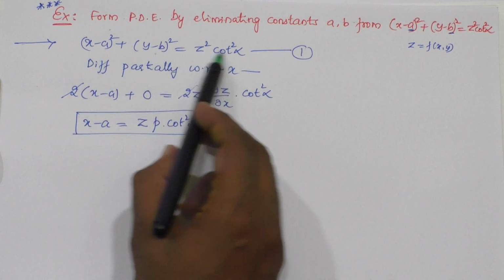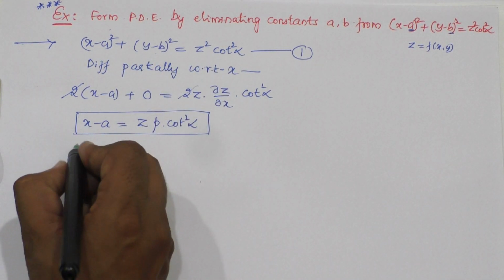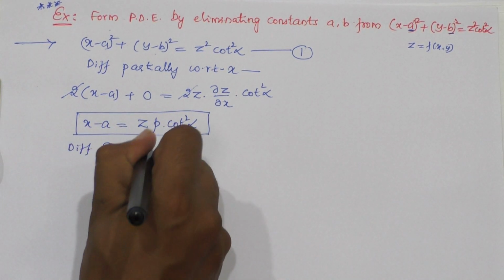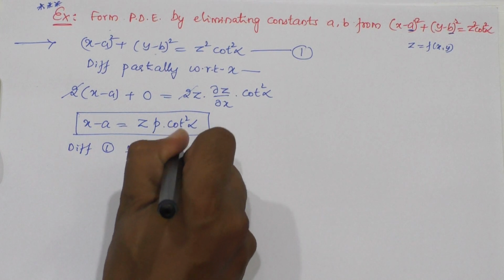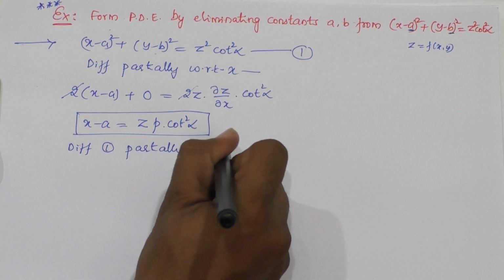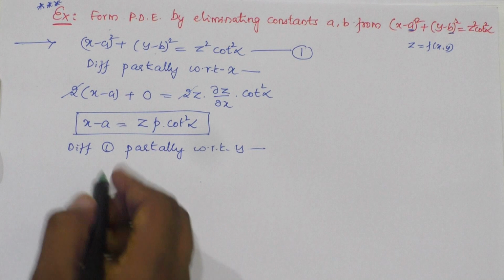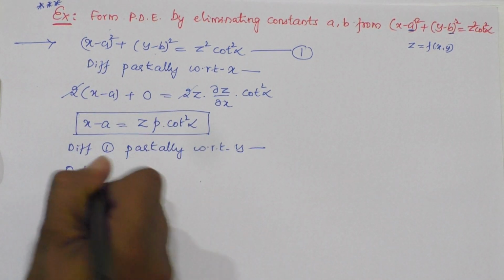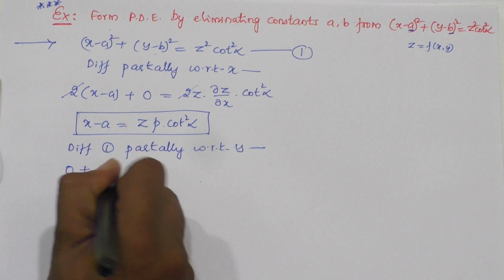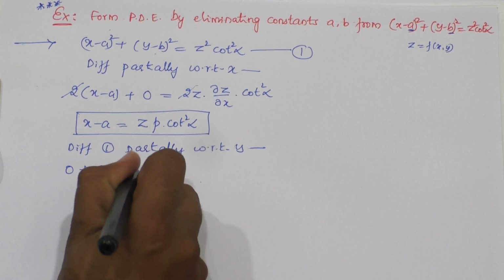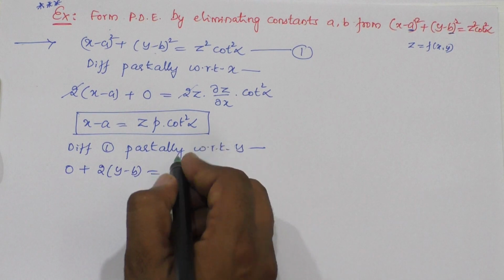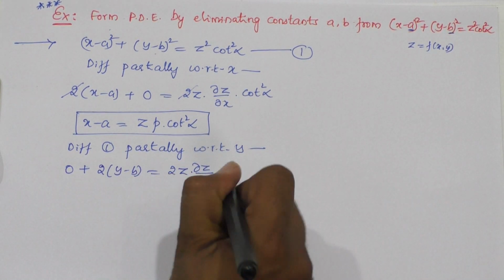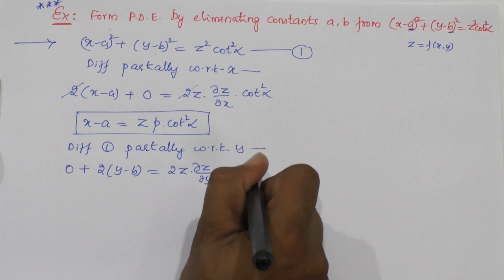For that, differentiate equation 1 partially with respect to y. When you differentiate, the x term has derivative 0, and y minus b gives 2 into y minus b, which is equal to the differentiation of z square, 2z ∂z/∂y, into cot square alpha.